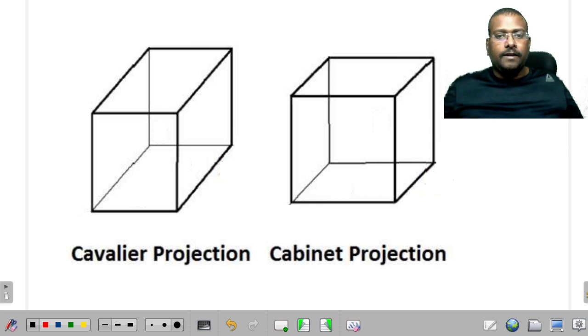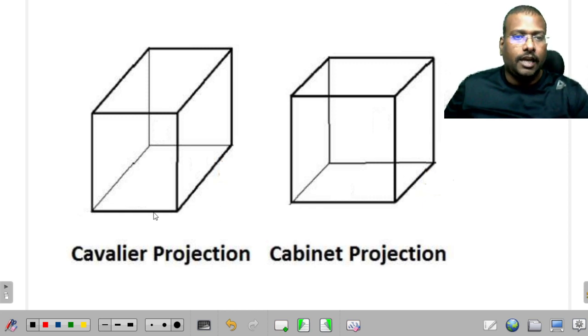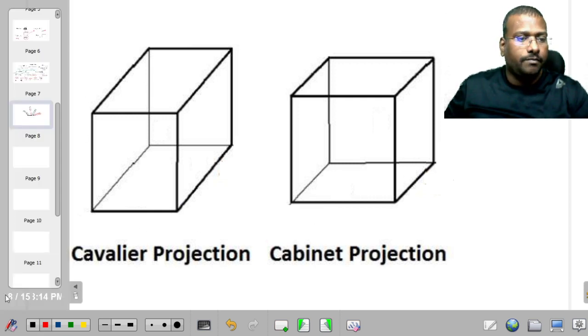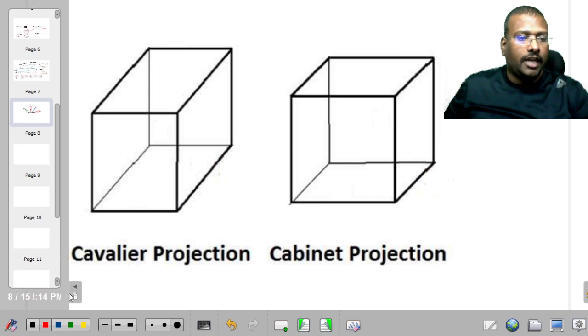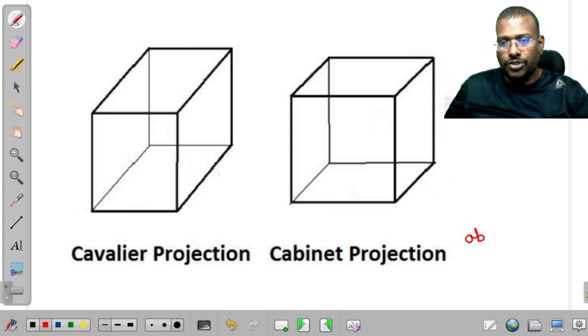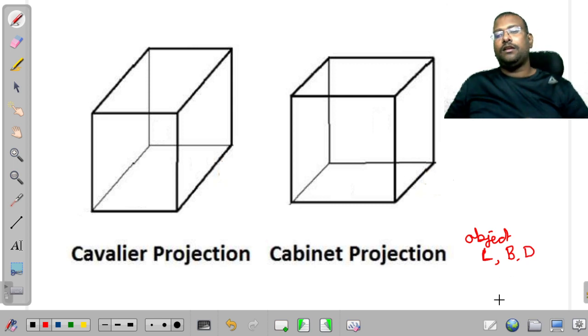Let us consider the object length. Whatever I am writing with capital letters are object information, related to the object. Object length is capital L, breadth is capital B, depth is capital D.